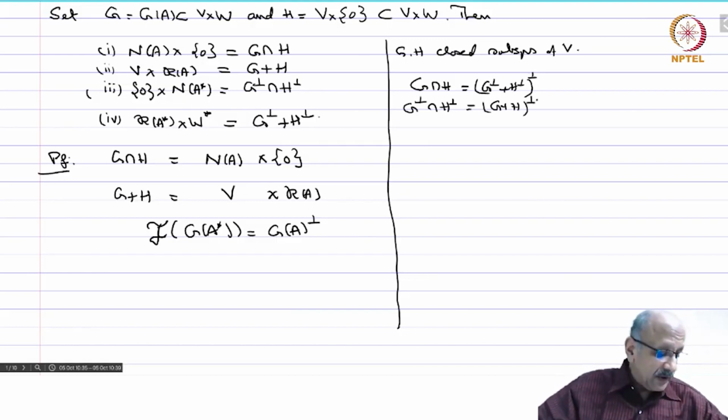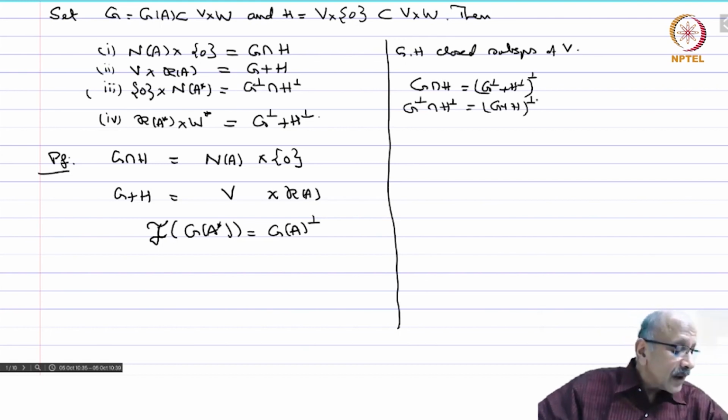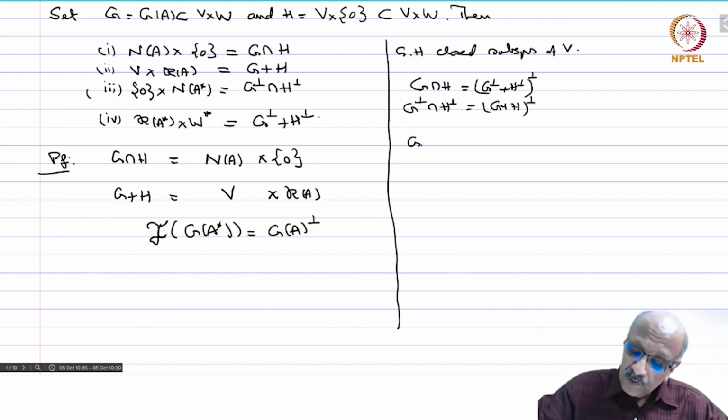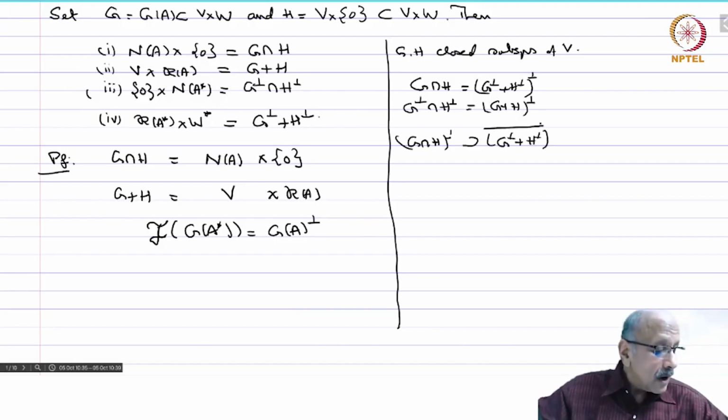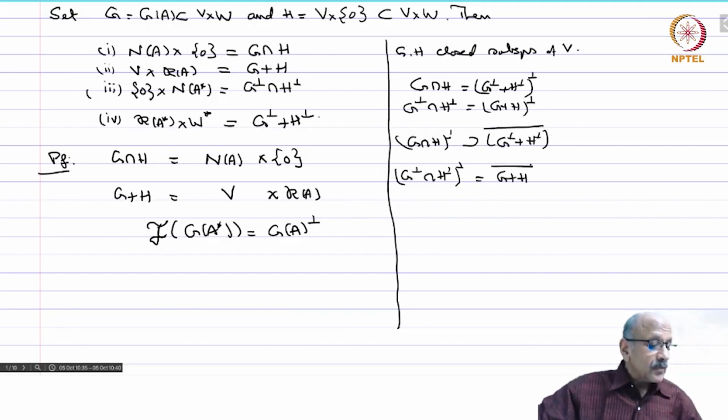These we did when we were in the annihilator section. And then from these two, if you take the perp again, G intersection H perp will contain G perp plus H perp closure, and G perp intersection H perp will be G plus H closure.